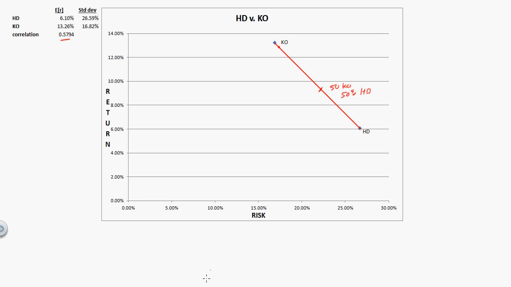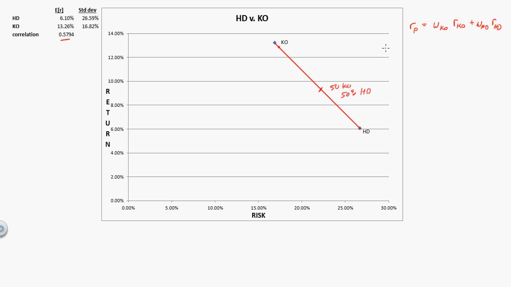And the way we have the calculation for this, remember the return on our portfolio is equal to the weight we put in Coke times the return on Coke plus the weight in Home Depot times the return on Home Depot.